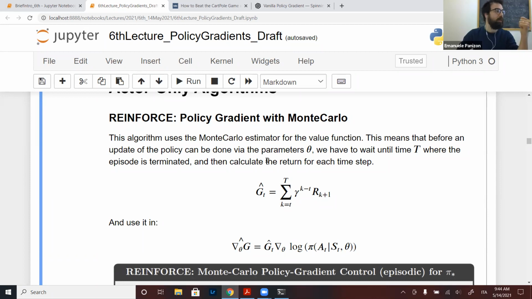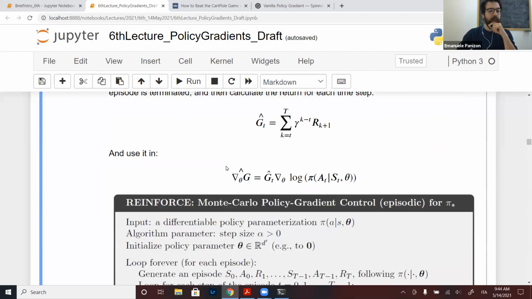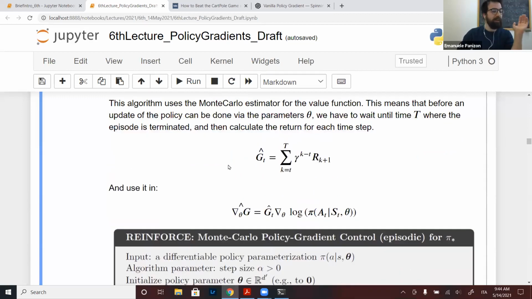So this can be done only after an episode is finished. So you have to wait the whole time t to get there. And this can be extremely bad in the sense that sometimes the time t is very large. Sometimes you want to be able to bootstrap faster information. But still, this is a perfectly legitimate way of doing things.